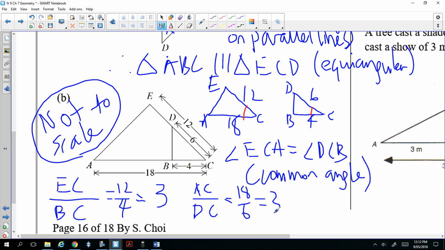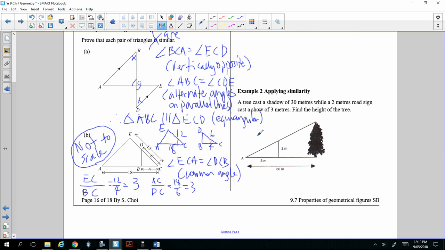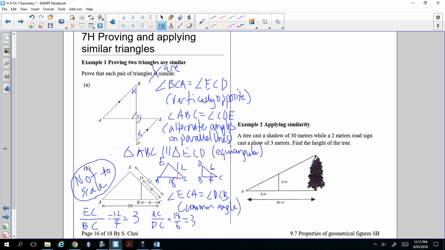So we're going to write down why they are similar now. Let's write a conclusion. So you say, therefore, EC over BC equals AC over DC. They're both equal to 3. That means the two pairs of sides are in proportion and the included angles are equal. So we use one of the tests for similarity.